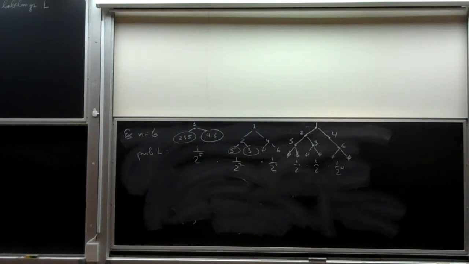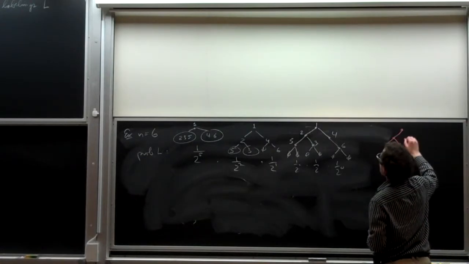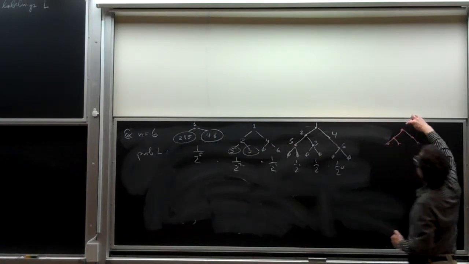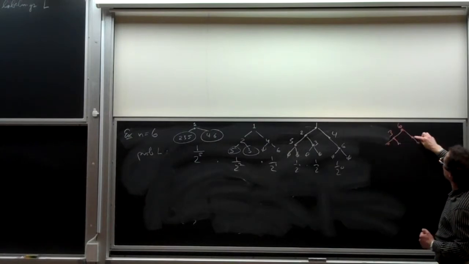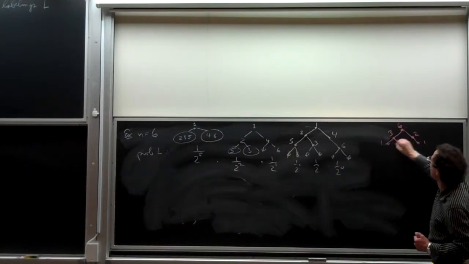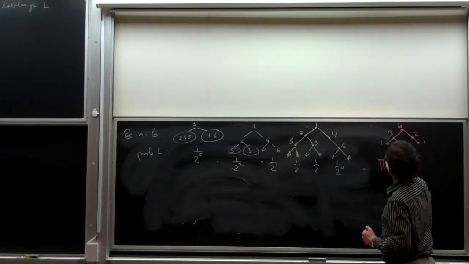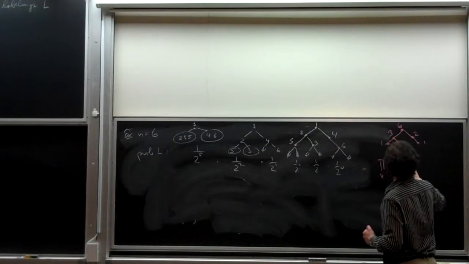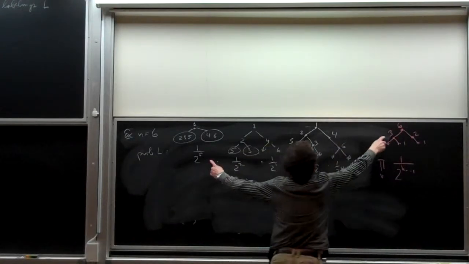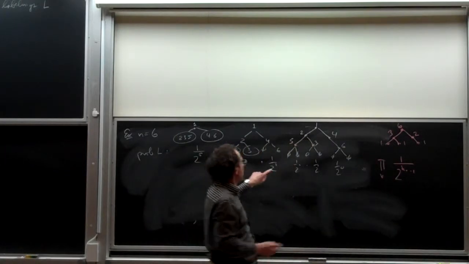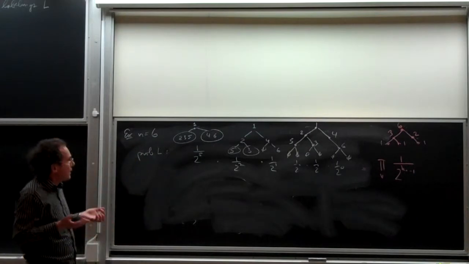But now again, think what the hook lengths were for this tree. Right? Top vertex has hook length 6, this has hook length 3, this has hook length 2, and these guys all have hook length 1. And you'll see that this is clearly the product over all these vertices of 1 over 2 to the h of v minus 1, right? 6 minus 1 gives you the 5, 3 minus 1 gives you the 2, 2 minus 1 gives you the 1, etc. And it has to be, because think about it.